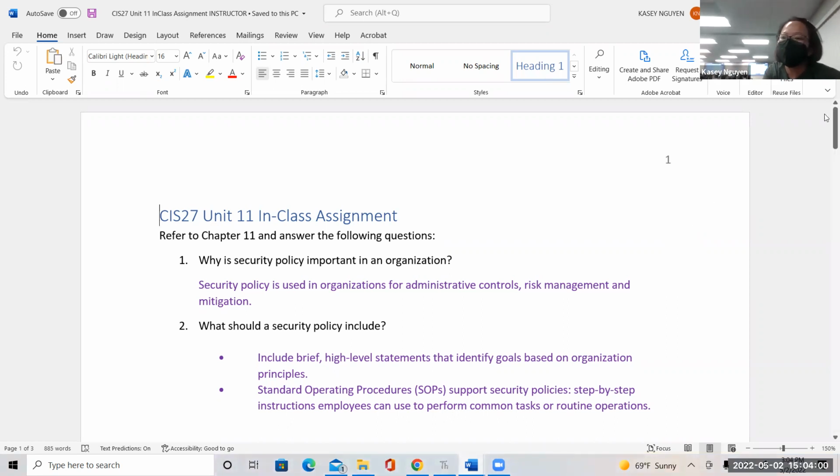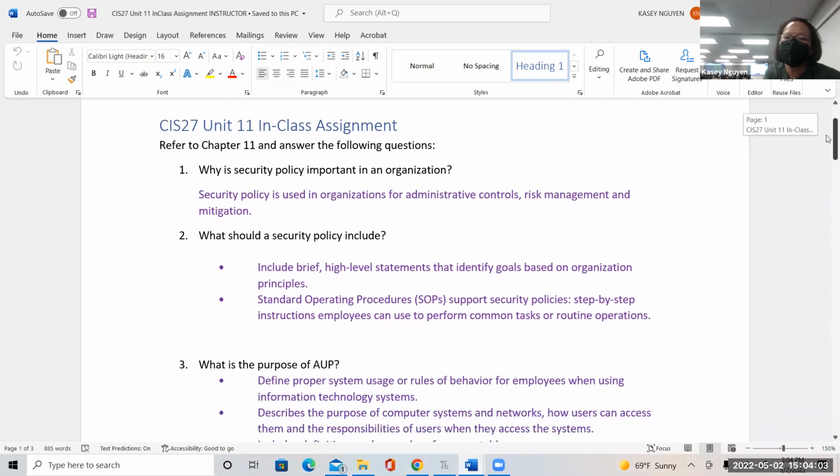So when you write your policy, what should it include? Overall, you're going to see a brief high-level statement that addresses the goals or the objective of the organization. Principles. So how can I establish that? I can look at the organization's mission statement, what they're really aiming to do.